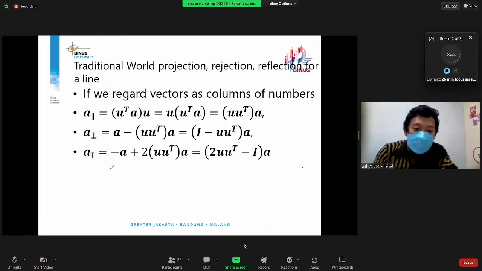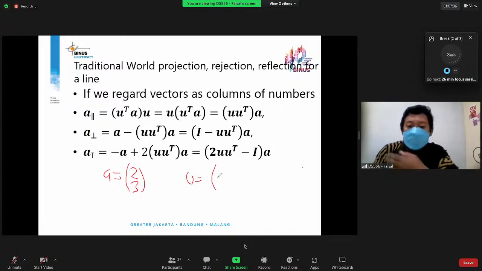Remember A: we write A as the column vector 2, 3, and U is also a column vector, 1 over square root 5 and 2 over square root 5.